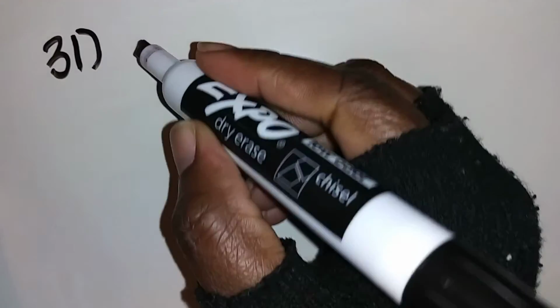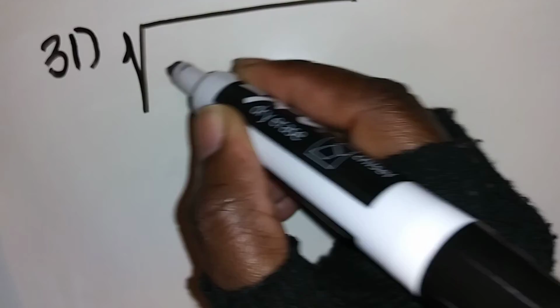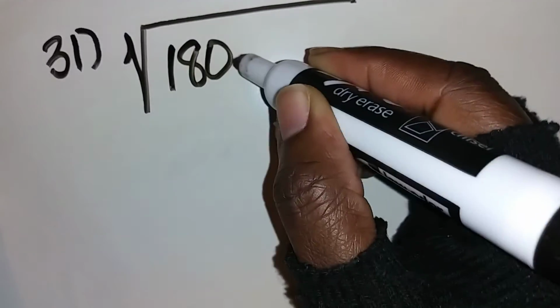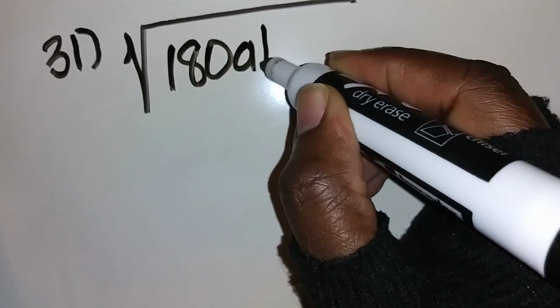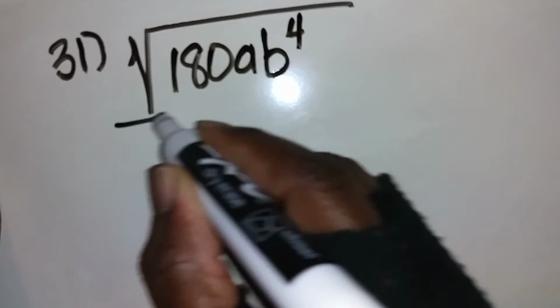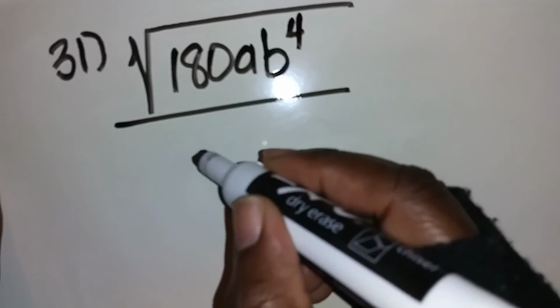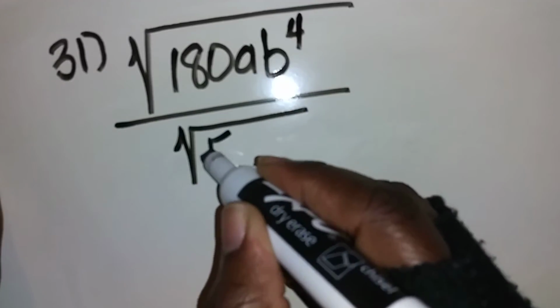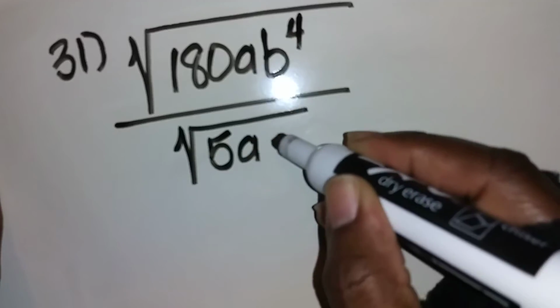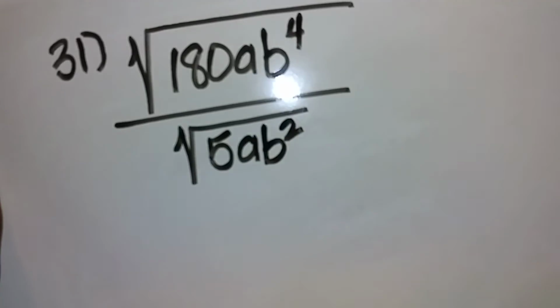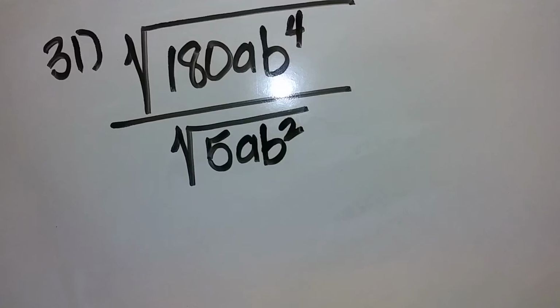Number 31. I have the square root of 180ab to the 4th divided by the square root of 5ab squared. We're going to divide first.